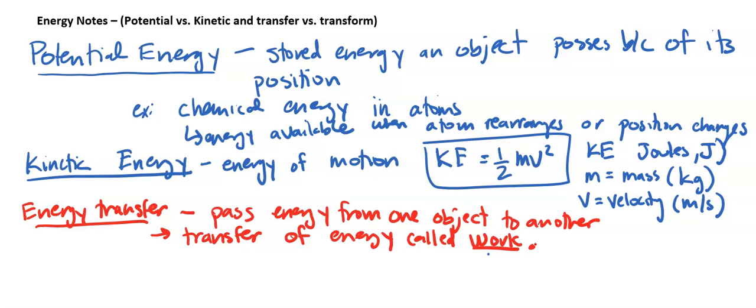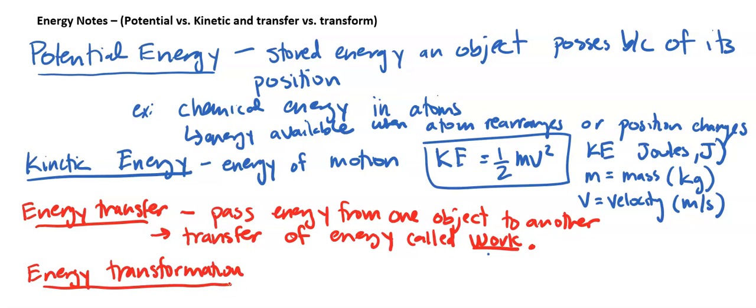So it is going to be called work anytime we transfer energy. While an energy transformation is going to be when we change one type of energy to another form of energy. So it's like when we change some of the kinetic energy to potential or vice versa.